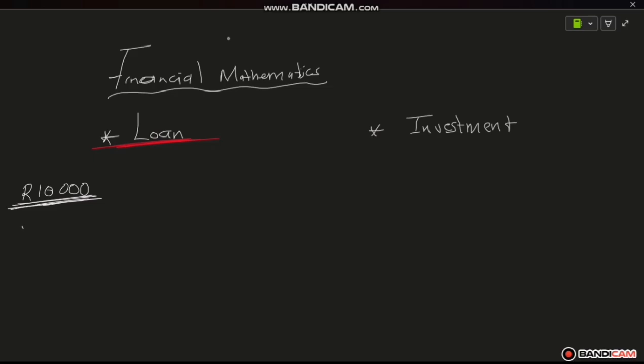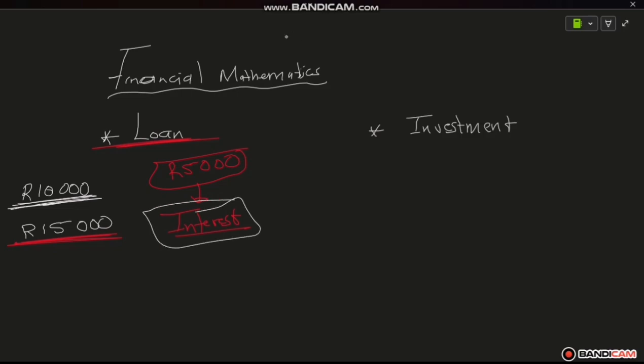Then you agree on terms, and they tell you that when you bring it back, it must be 15,000, meaning they lent you 10,000 and they want you to pay them 15,000 when you bring back their money. This is an example. So the 5,000 extra is known as interest, the money that you paid on top of the money that you borrowed. Since it is a loan, you have lost. But we'll explain the interest when we talk about investment.